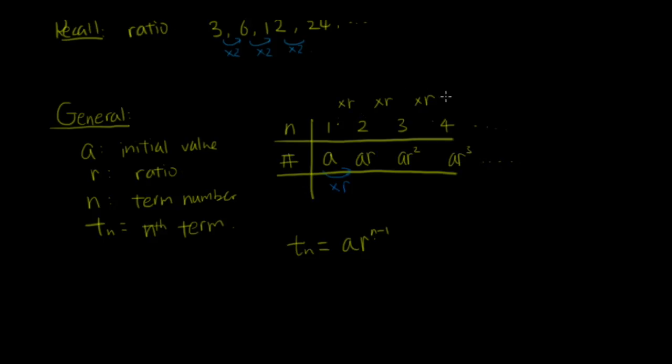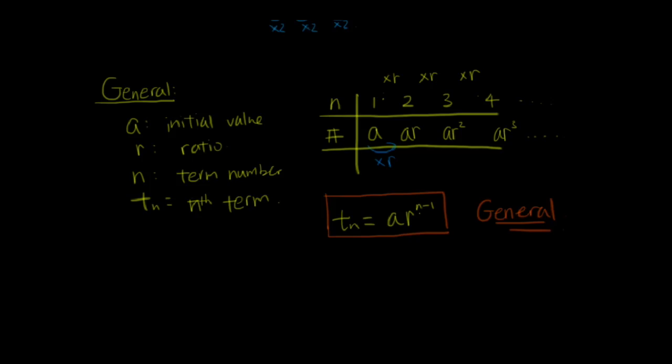There are 3 ratios in between 4 numbers, so that's why there's an n minus 1. So this Tn equals a times r to the n minus 1 is our general formula for the geometric sequence. Now we're going to move on to the recursive formula.